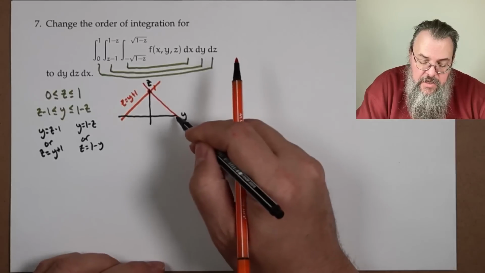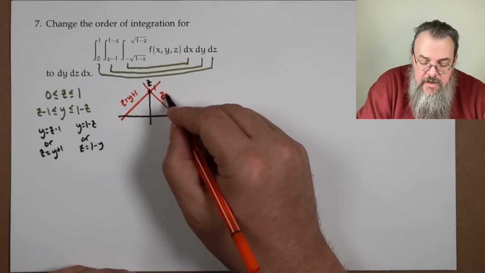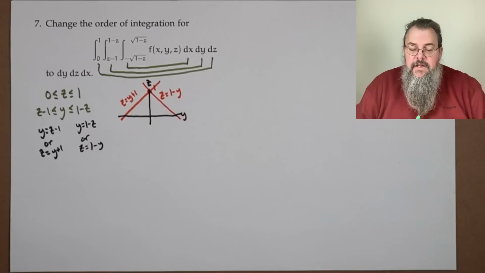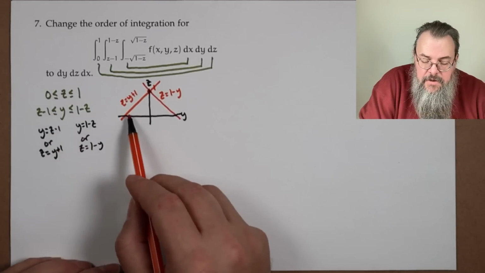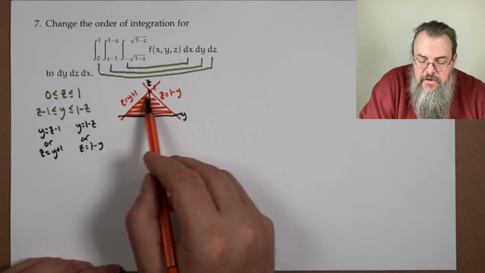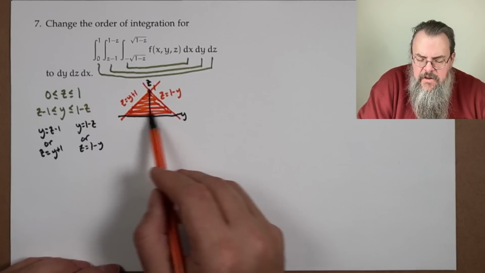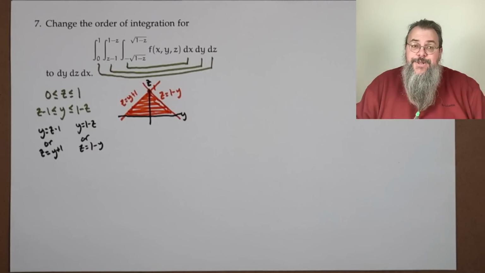All right, great. So we have this other line, z equals 1 minus y. And what's true? Well, we're going in between, left to right. So we have our nice triangle here. Okay, so there we go. In terms of the YZ, we have a triangle shape.